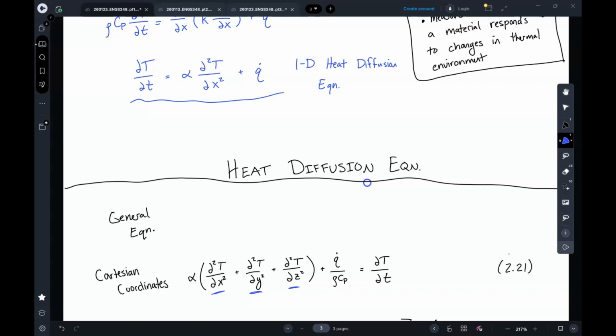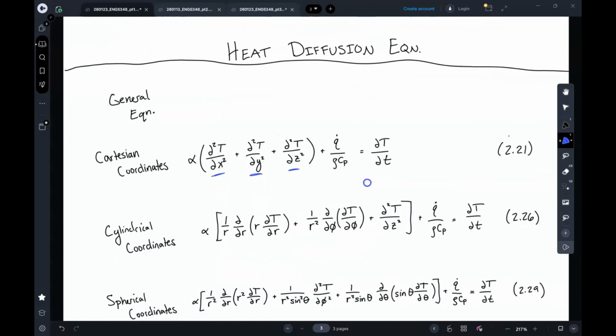We could also look at a little bit more exciting geometries, and we could get a radial piece, a piece in phi, and a piece in Z, the dimension down a cylinder. So the radial direction, the around the cylinder direction, and the down the length of the cylinder direction.